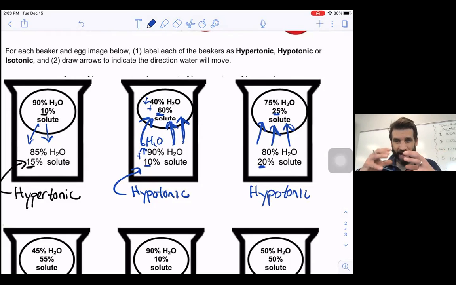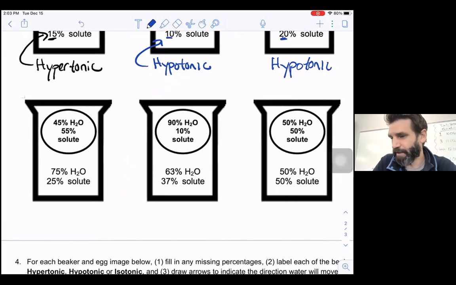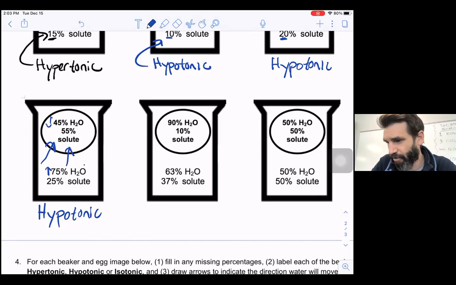So you could think of hypo, if you put an egg in a hypotonic solution, the egg might blow up and explode. Here, 25% versus 55. Again, this is hypotonic. And our water is high here, low here. So you can imagine water flowing from high to low.